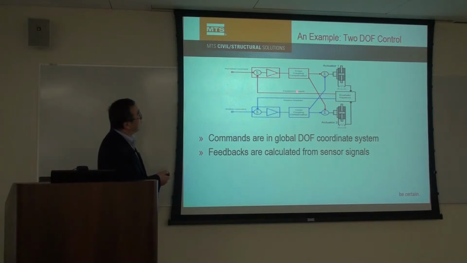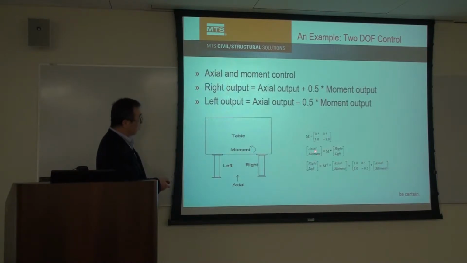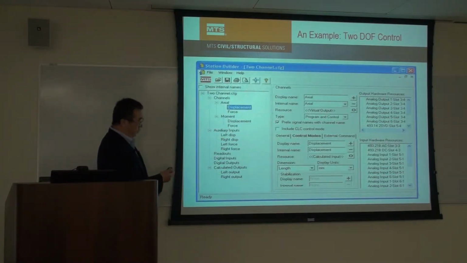So there are two kinds of calculations. One is from the global coordinate to the actuator coordinate, and the other is from the actuator coordinate to the global coordinate. Those calculations correspond to the matrix here and the matrix here. To do that with the calculation channel, this is our station builder software, where you can set up this kind of calculation.